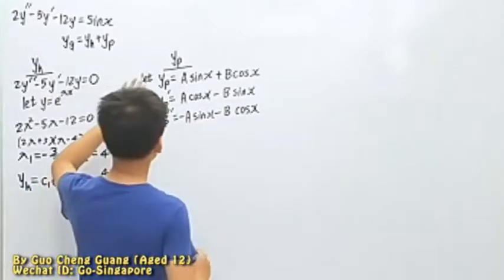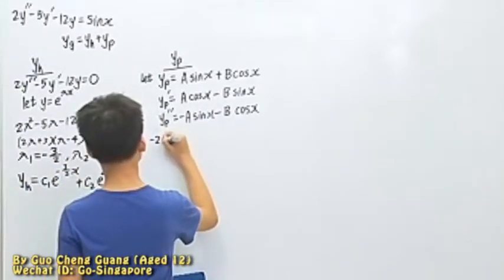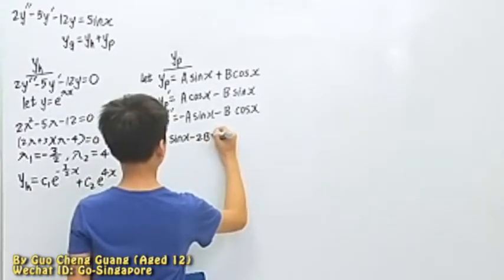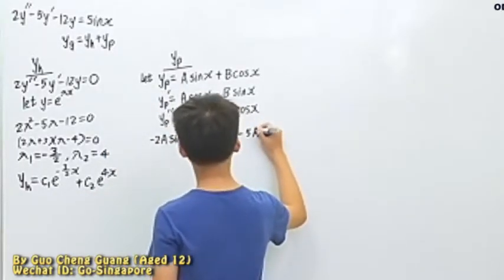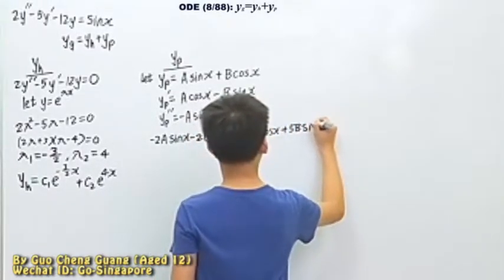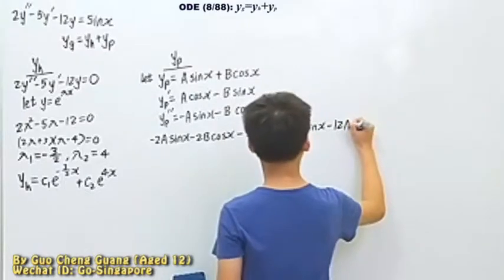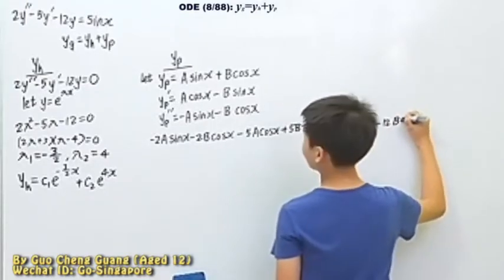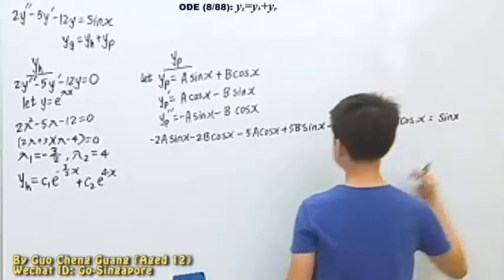The next step is just to put all these inside this equation, and all this adds up to be sine x.